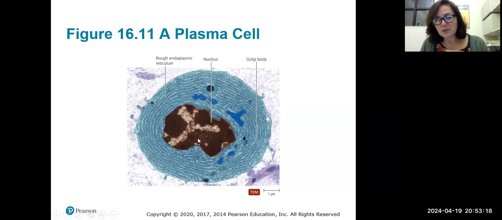So transcription is happening like crazy here inside the nucleus, and then translation is happening on all those tiny little ribosomes, which are actively putting together the amino acids in the right order. It can then ship them out using the Golgi apparatus, the Golgi bodies, and release thousands and thousands of antibodies within seconds of each other.